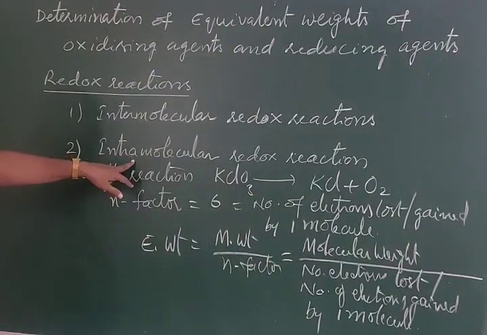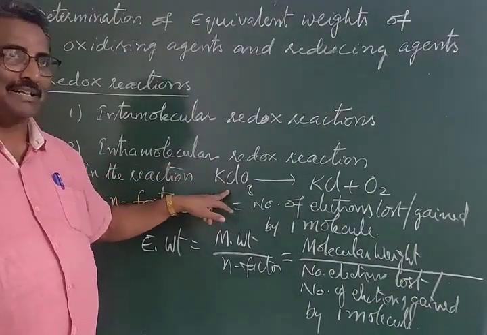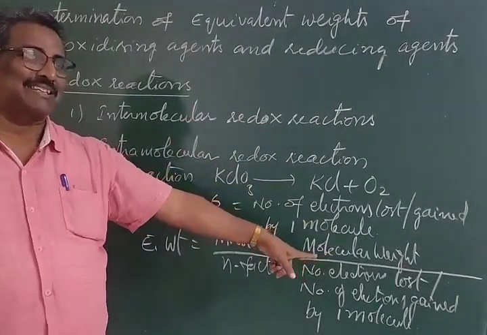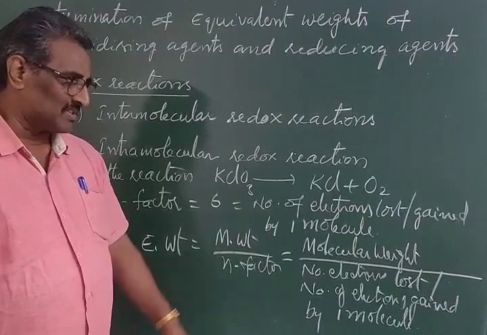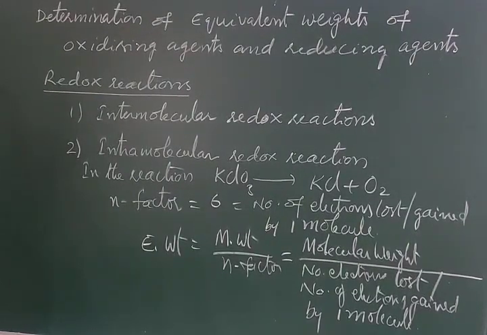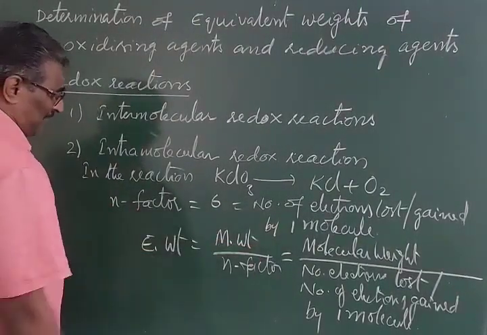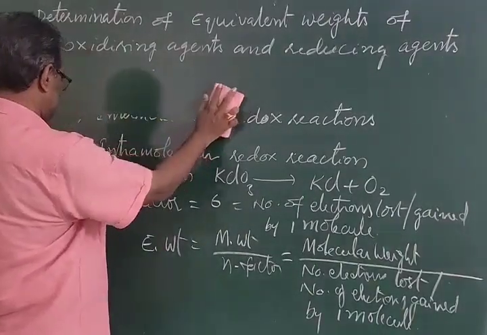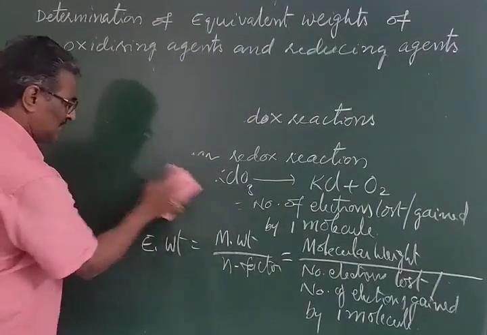In intramolecular reactions, the same substance undergoes oxidation and reduction, so the number of electrons lost is the same as the number gained. We can write either one in place of the N factor. So equivalent weight is molecular weight divided by the number of electrons lost or gained by one molecule.